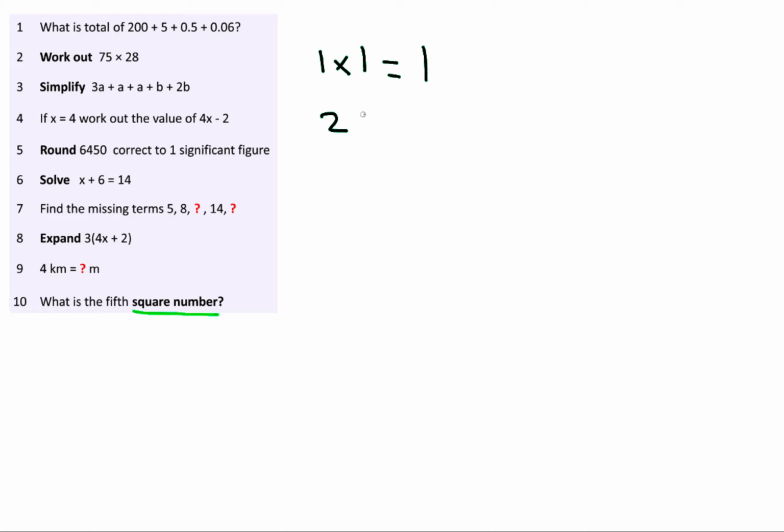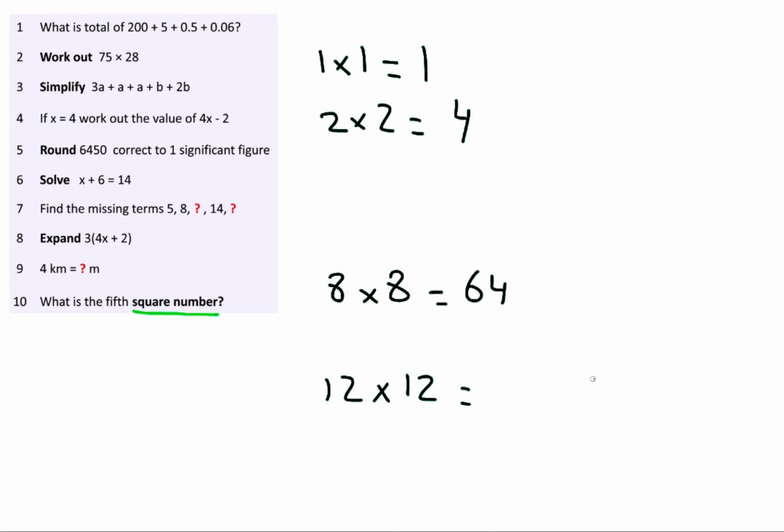For example, if I multiply 8 by itself, I get 64, so 64 is a square number. 12 times 12 is 144. 144 is a square number because it's the result of multiplying a number by itself.